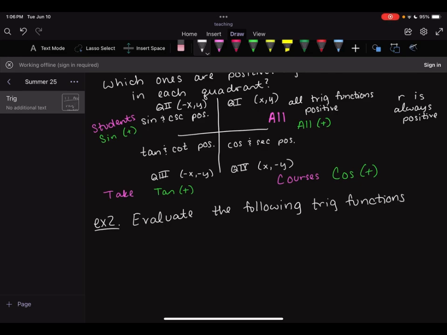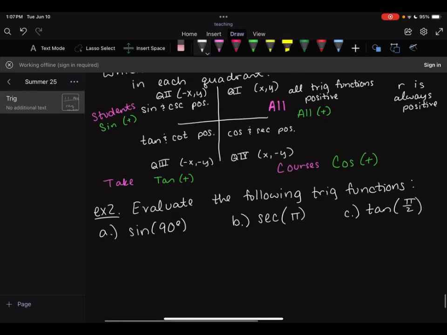We'll just say that. So for part A, I want us to look at sine of 90 degrees. Part B, I want us to look at secant of pi. And then C, I want us to look at tangent pi over 2.